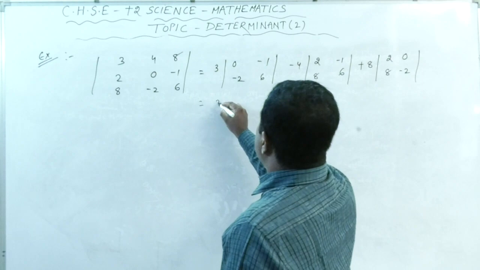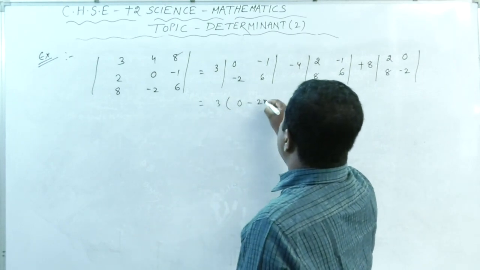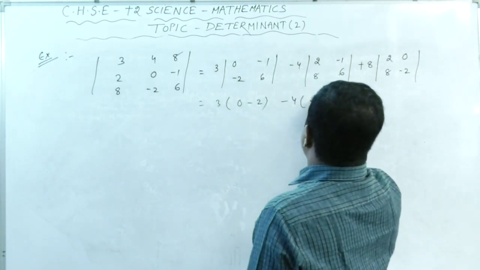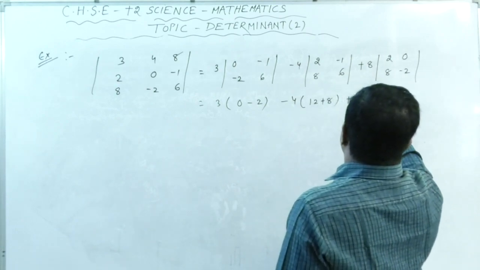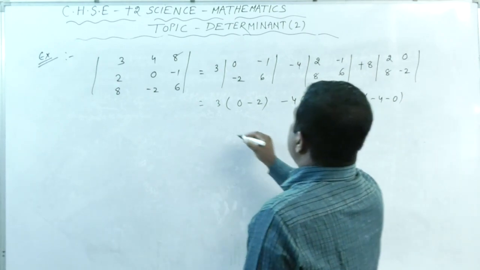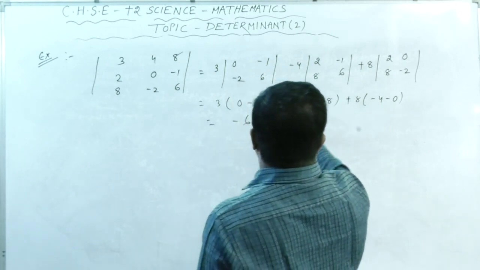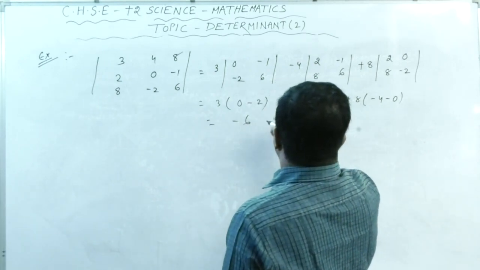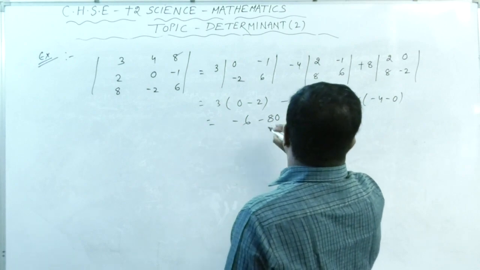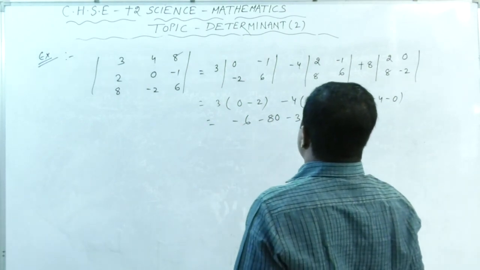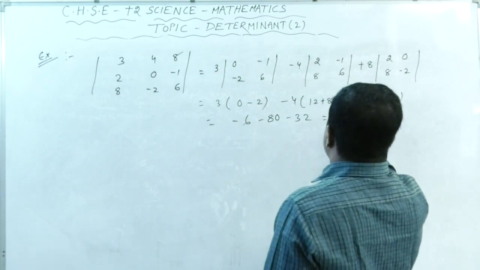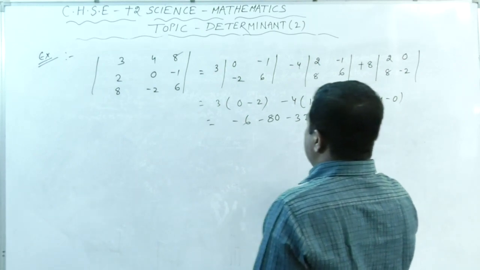So it is 3 times of 0 minus 2, minus 4 times of 12 plus 8, plus 8 times of minus 4 minus 0. So it is minus 6, minus 80, minus 32. So minus 118 is the value.